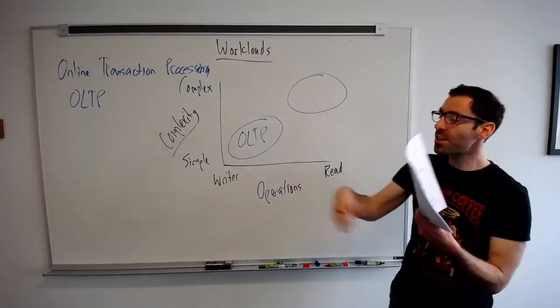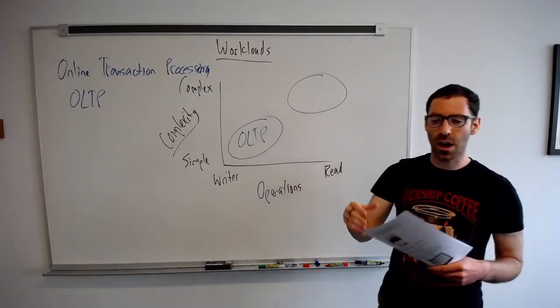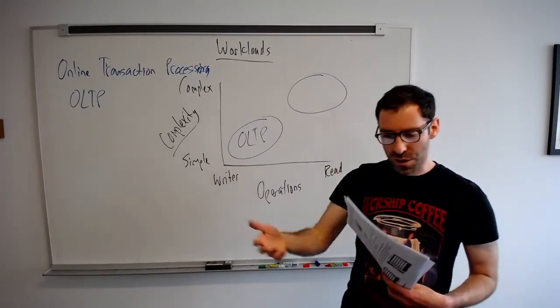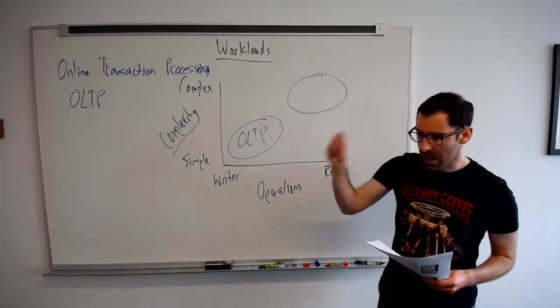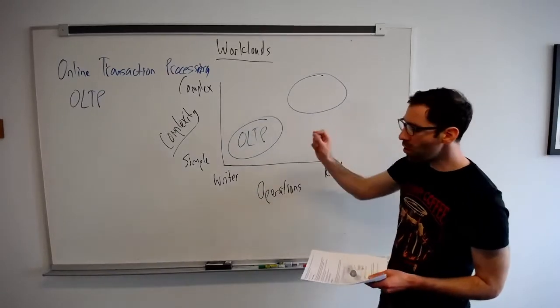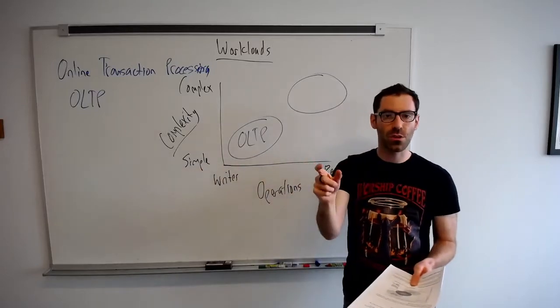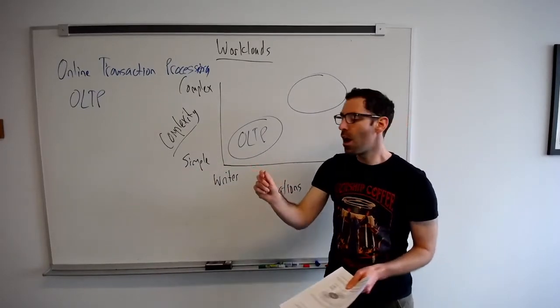So lots of users interacting with the storefront, adding things to their cart, purchasing items, writing a review. But all of these, while there are a lot of these operations, they all involve just a particular user or just a particular product.